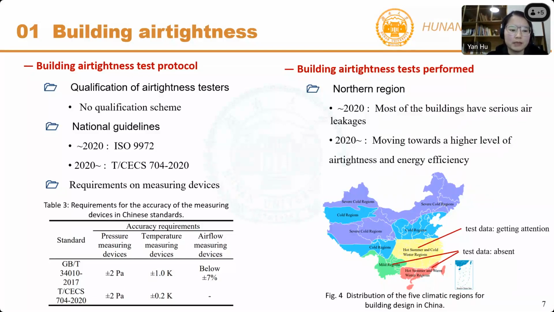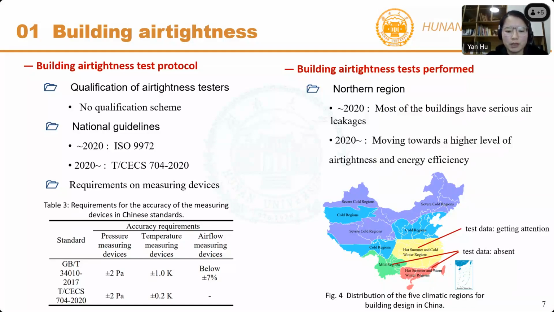The airtightness test data for the mild region and the hot summer and warm winter region is basically absent, probably because of the warm climate. And the airtightness tests in southern China are mainly concentrated in hot summer and cold winter region, and is getting more attention.